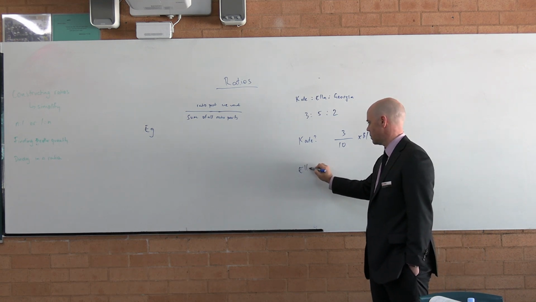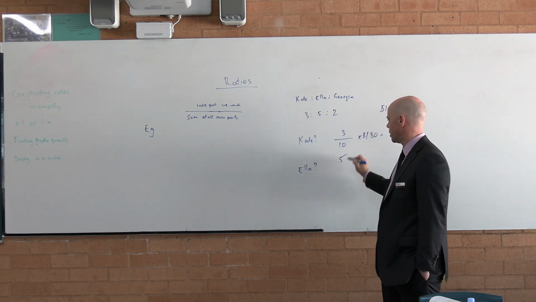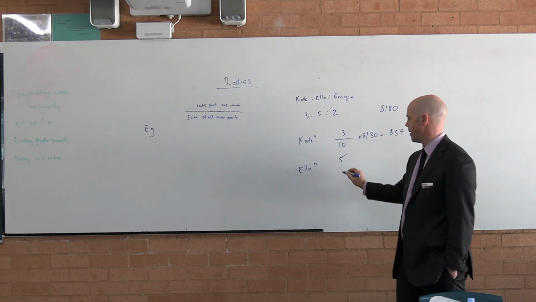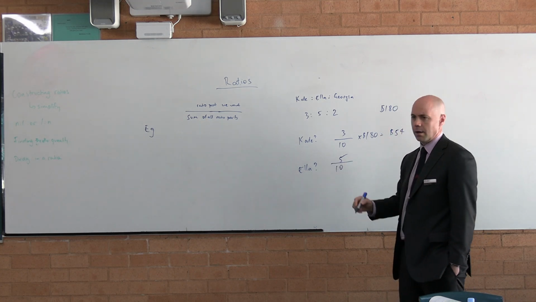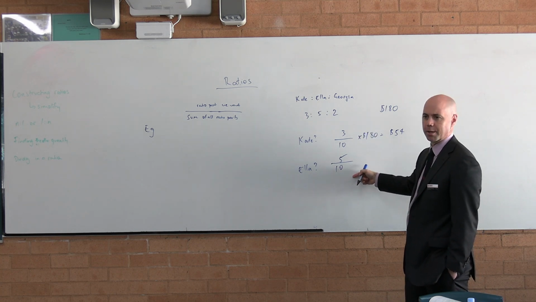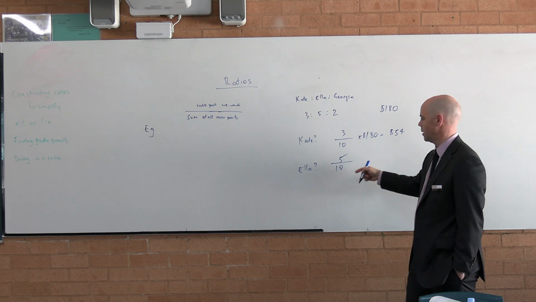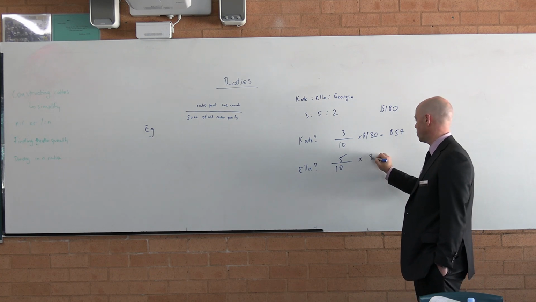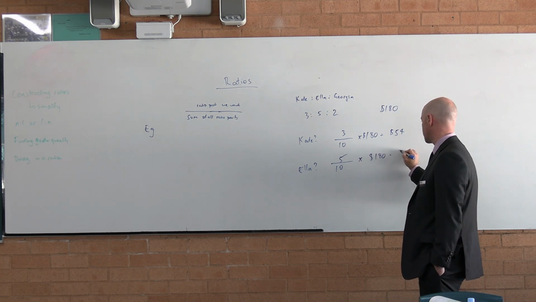Ella? Her ratio part is 5. The sum of all the parts will be the same, 10. For each of these, the bottom line of the fraction will always be the same. 5/10 times 180, so she gets $90.